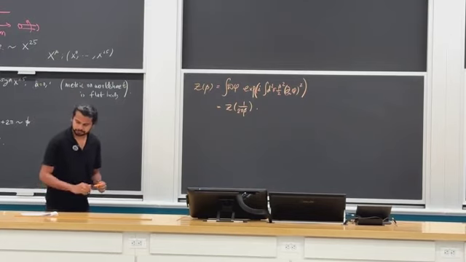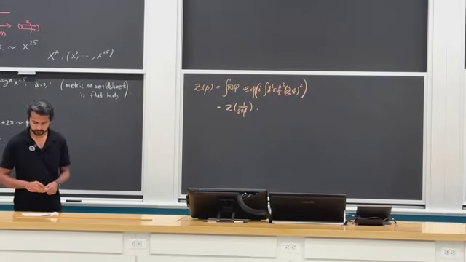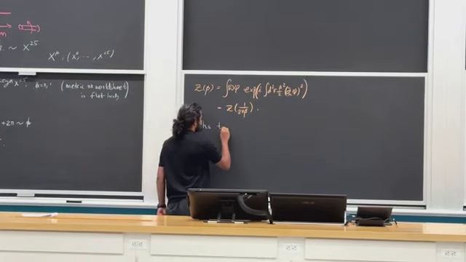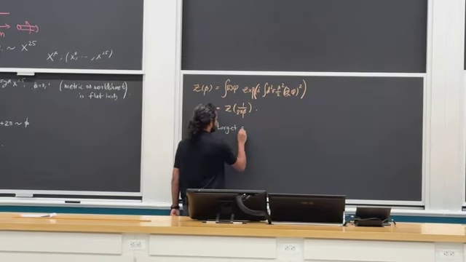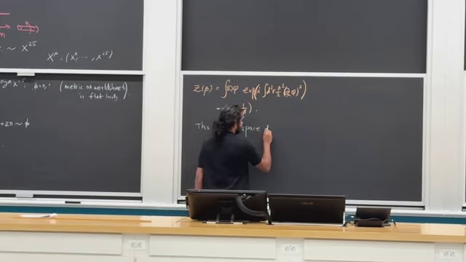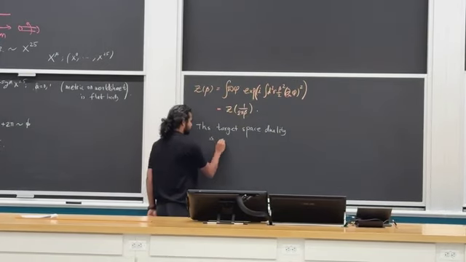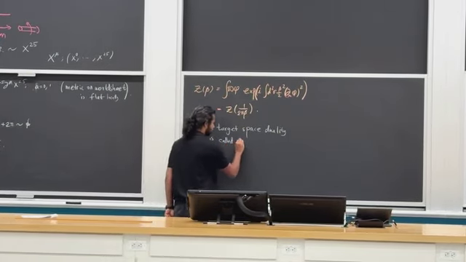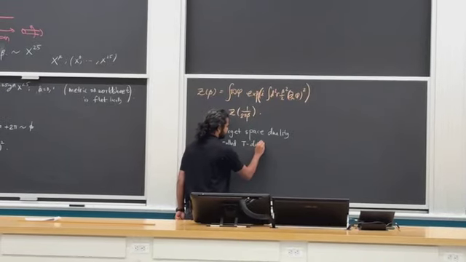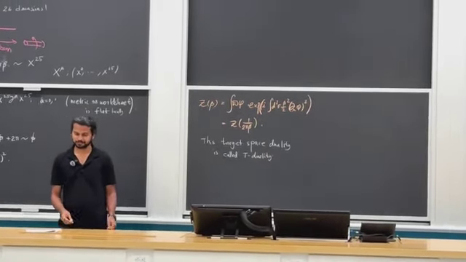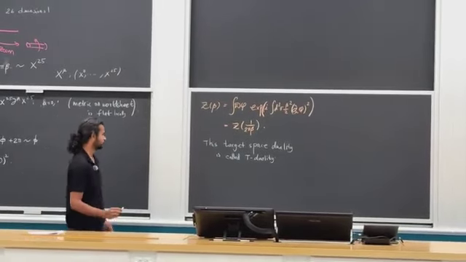Right, so this target space duality is called T-Duality. Now we know where the T is coming from. It's coming from target space.